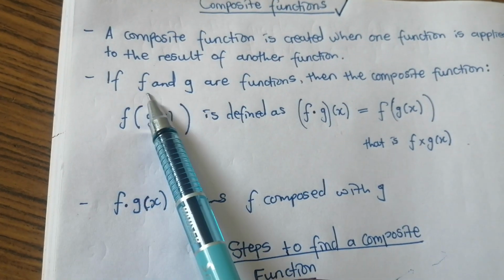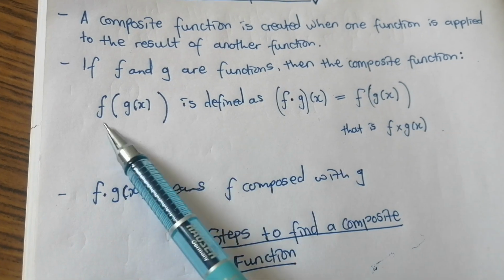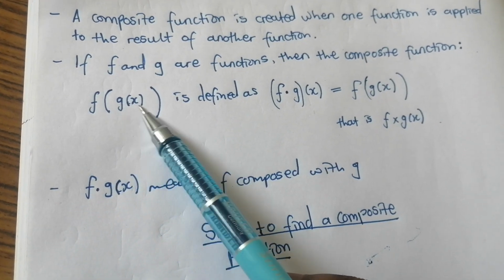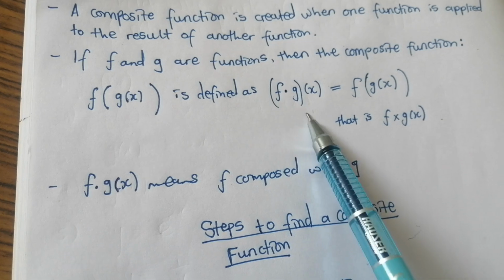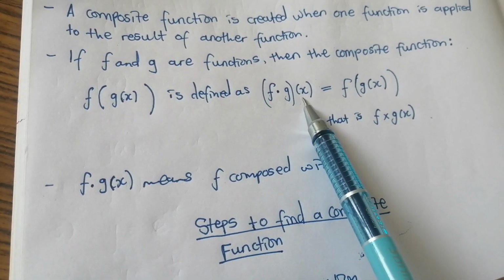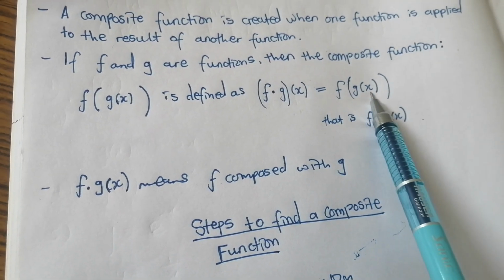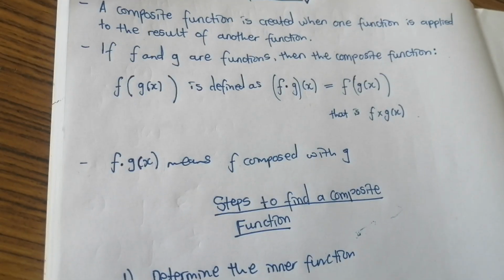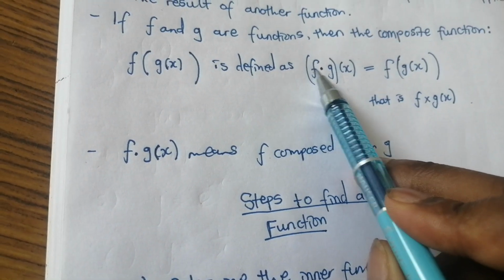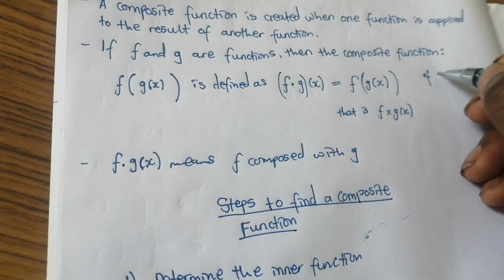So if f and g are functions, then the composite function fg of x is defined as f of g of x, which is equal to fg of x. So this means f of g, you know, "of" means times.